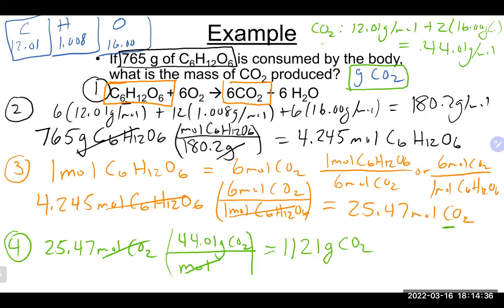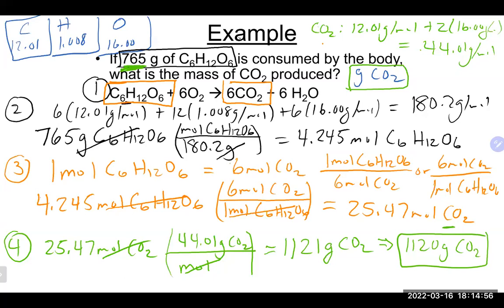In terms of significant figures, it should really be only 3, as that's all we have in the given number, which gets us to about 1120 grams of CO2 produced in this case. Any questions on that one?